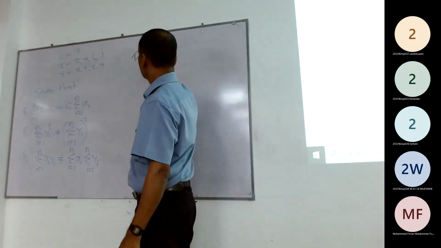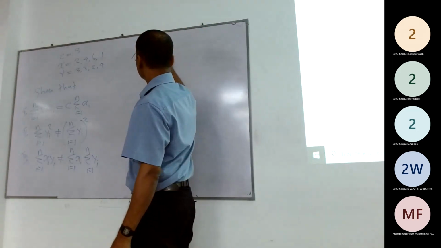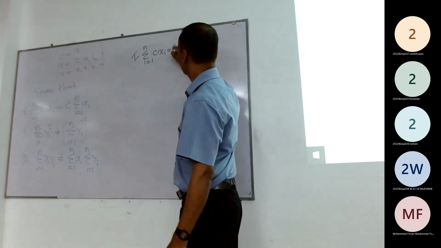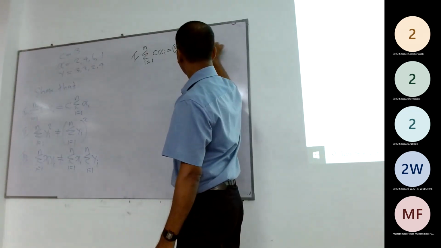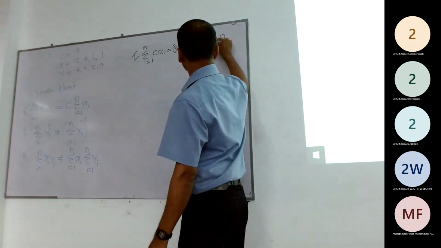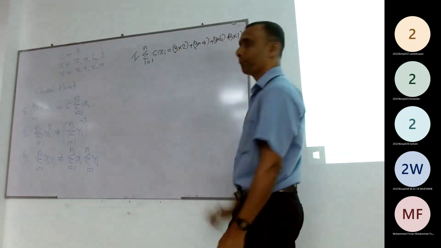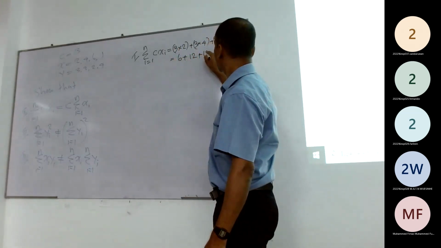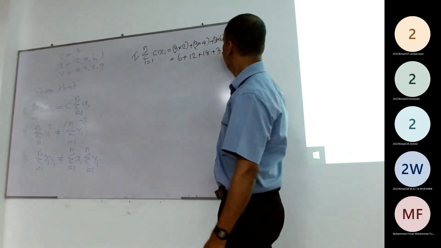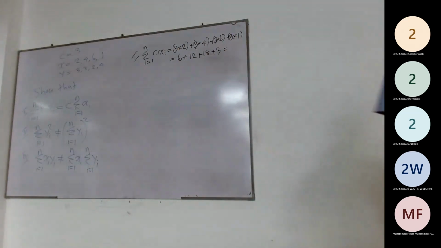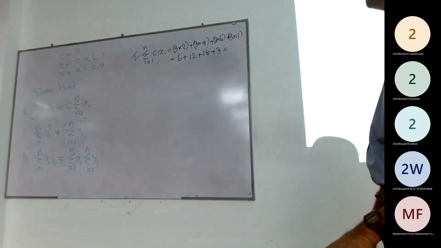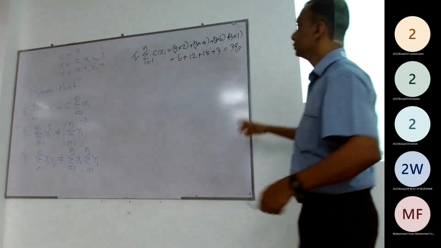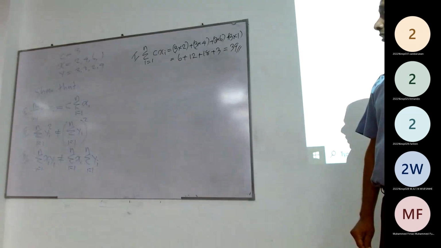First one, sigma i equals 1 to n cxi. 3 is constant, x is 2. 3 into 2, 6. 3 into 4, 12. 3 into 6, 18. 3 into 1, 3. Answer 39.